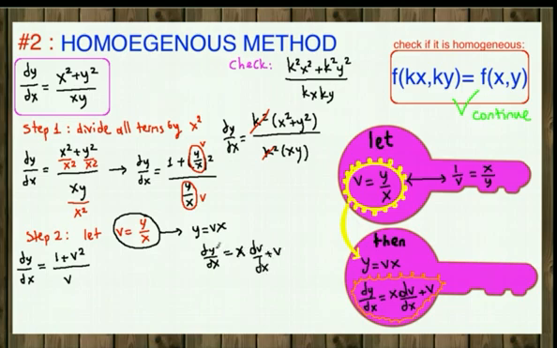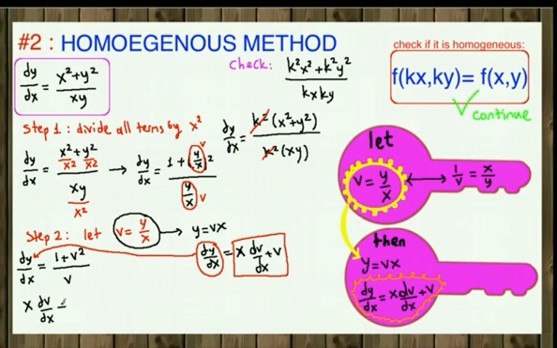Now this dy dx will be substituted with this dy dx. So x times dv over dx plus v, which we get from the differentiation of y equals v times x, equals 1 plus v squared over v.